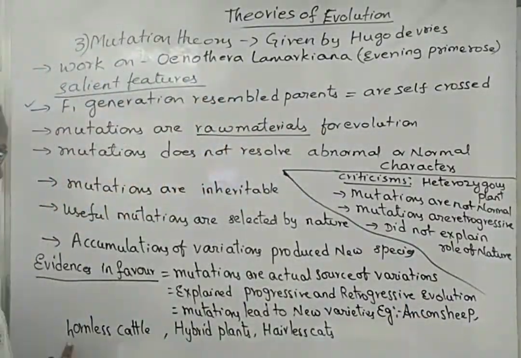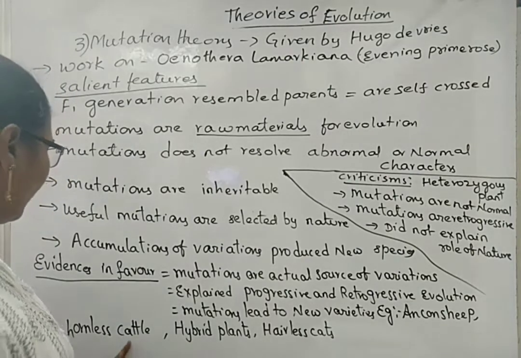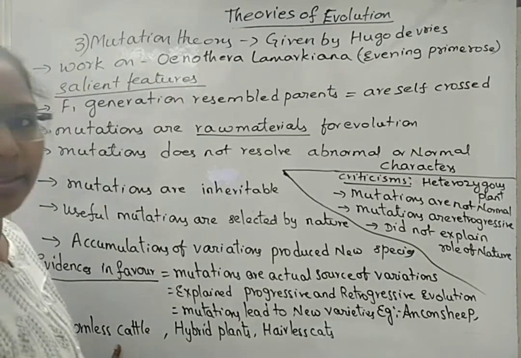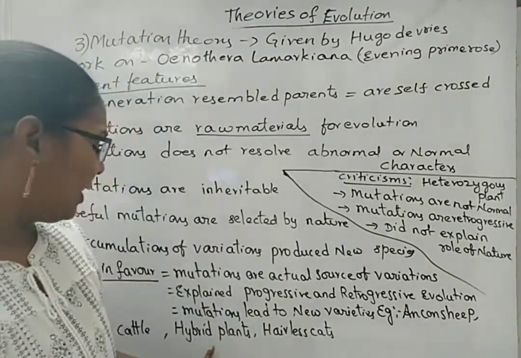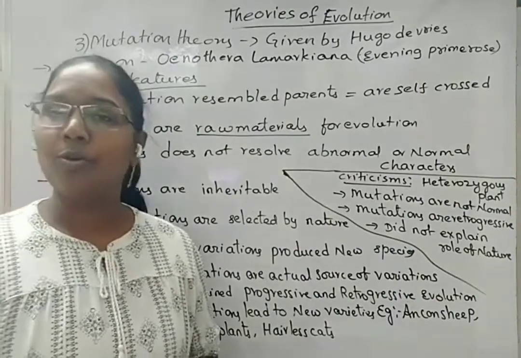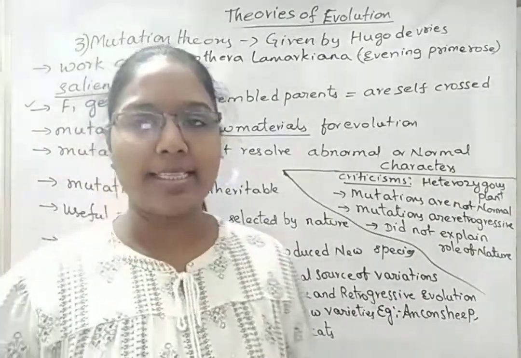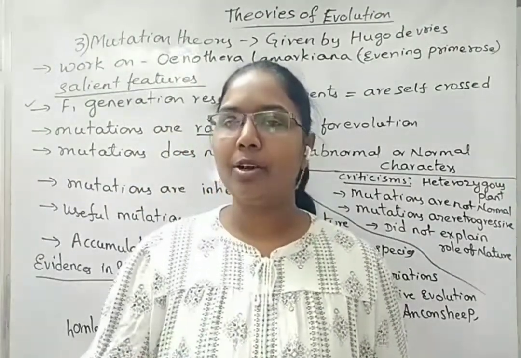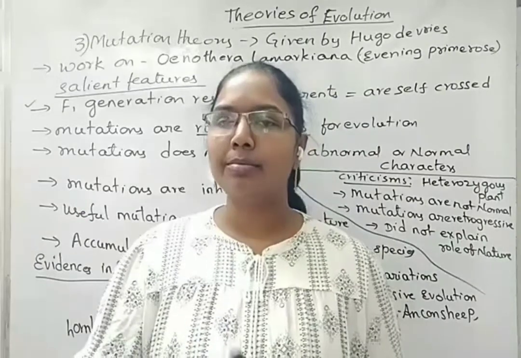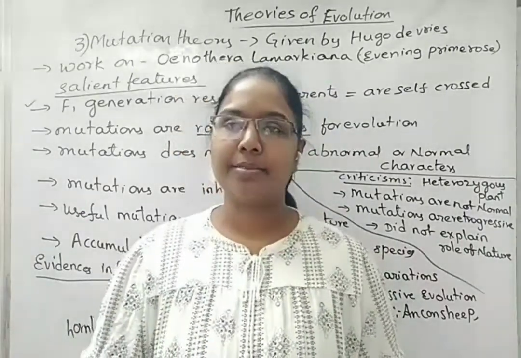Next, mutations also led to the arising of hornless cattle. Yes, hornless cattle have arisen because of mutations. Next, some plants in the course of evolution have shown mutations to exist and survive in nature. That can be because of the availability of food material, water, minerals, and also to escape from predators.